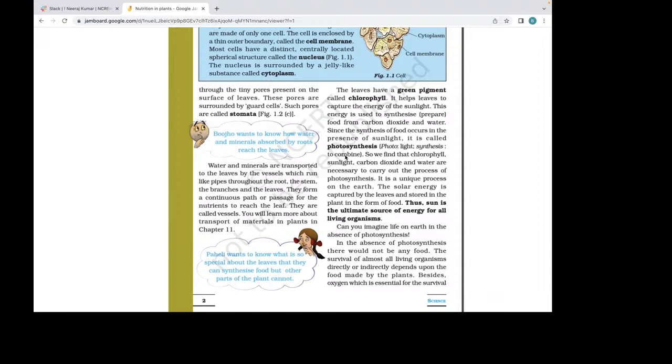If somebody asks you what are the important requirements needed to carry out the process of photosynthesis, these are chlorophyll, sunlight, carbon dioxide and water. Without any of these, photosynthesis is not possible.